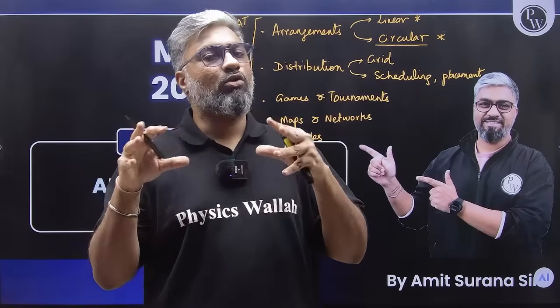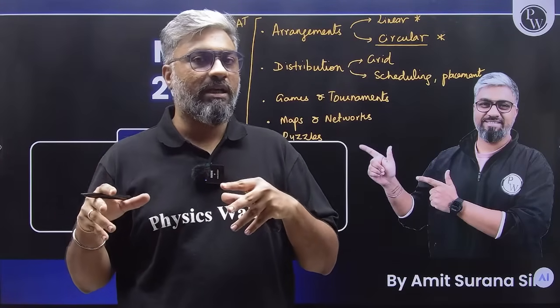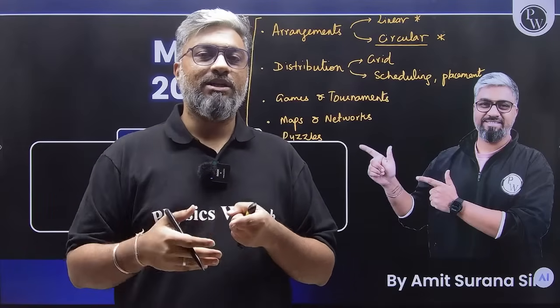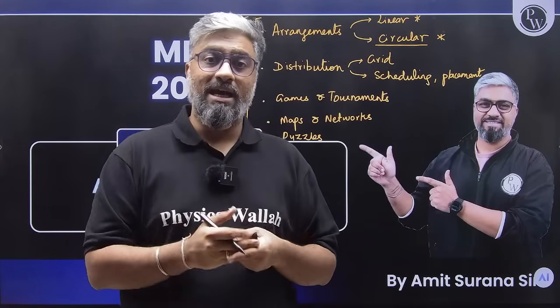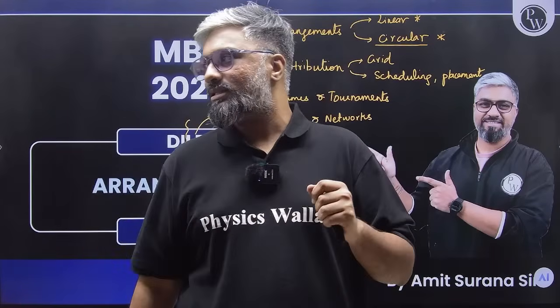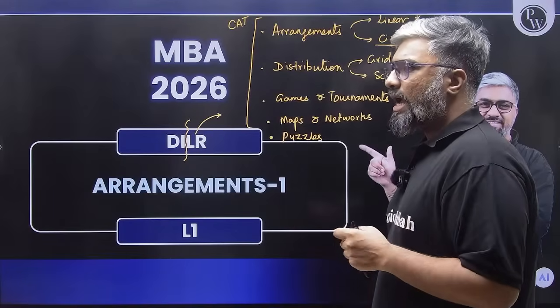For those tests specifically, there are certain topics that usually get asked, be it blood relations, syllogisms, direction-based questions, clocks, calendars. All that will be covered under the OMETs syllabus, right?